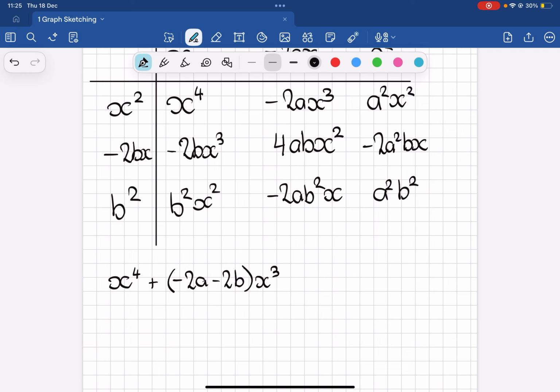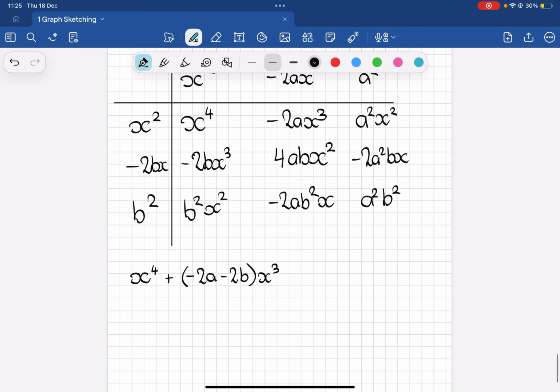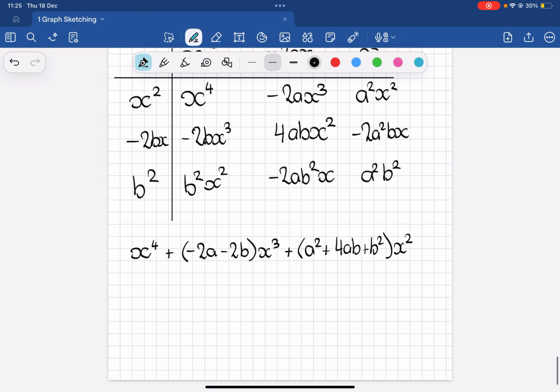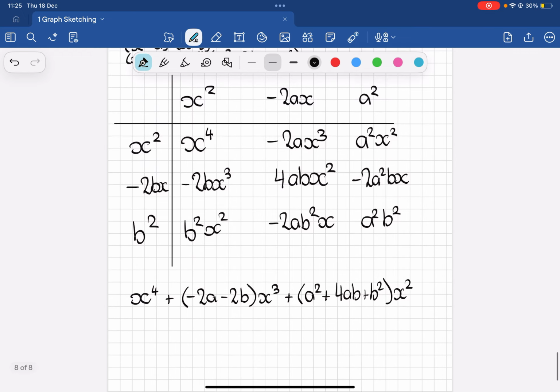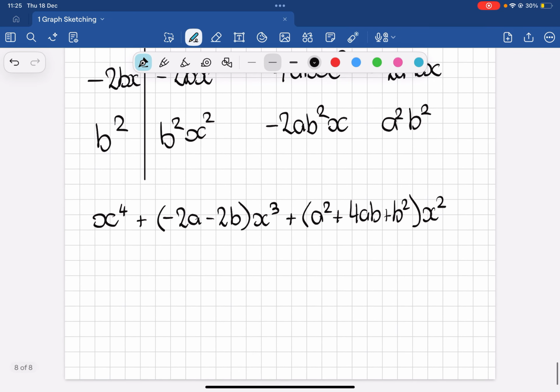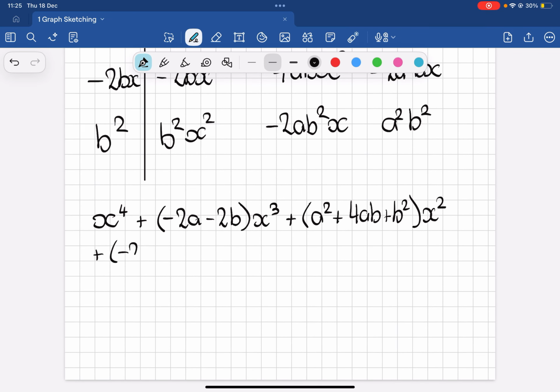Then for x squared, we've got a squared plus 4ab plus b squared, x squared. For x, we've got minus 2a squared b minus 2ab squared, x, and then our constant is just a squared b squared.